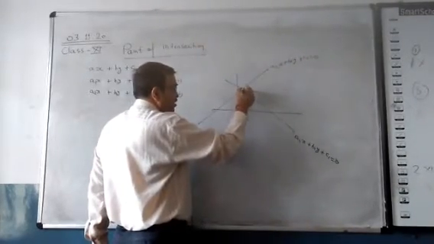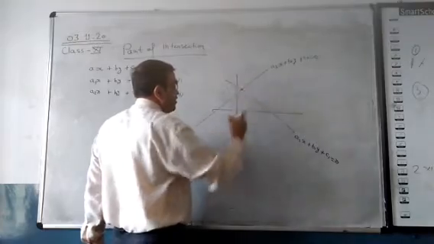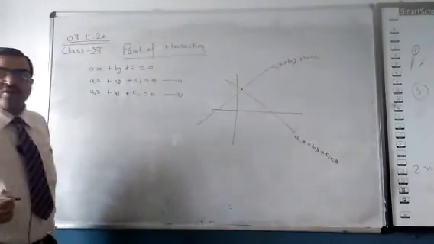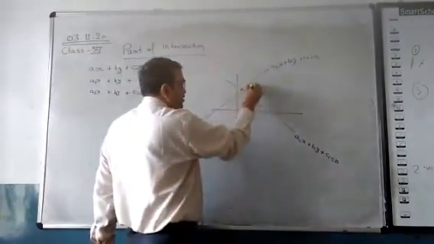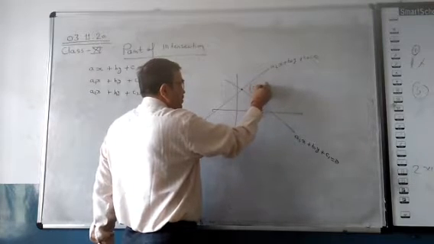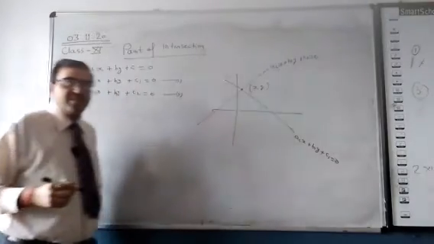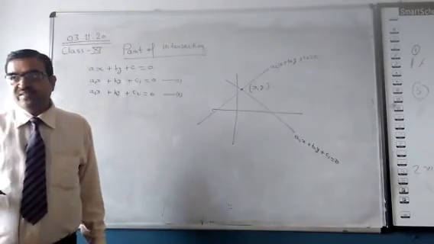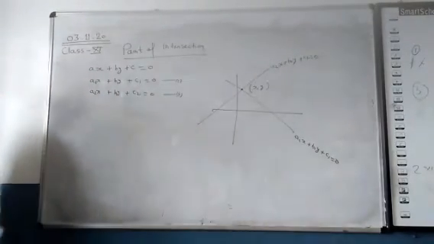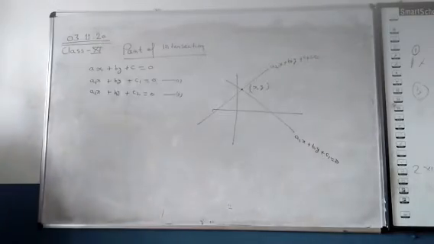Suppose this is their point of intersection. So find out the coordinates of this point x y, means x1 and y1. This is the point of intersection. Now find the point of intersection.